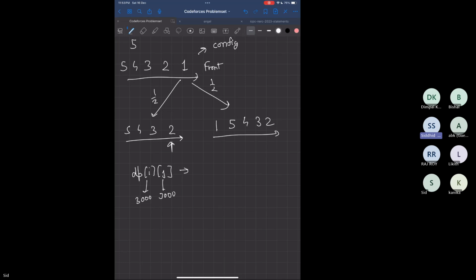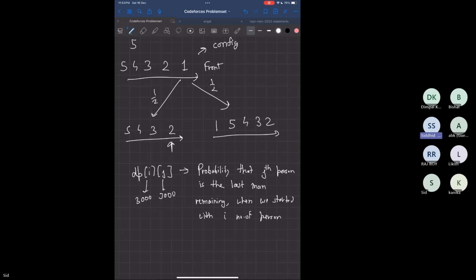DP[i][j] states the probability that the jth person is the last man remaining when we started with i number of persons.